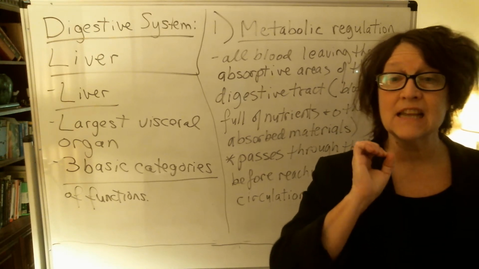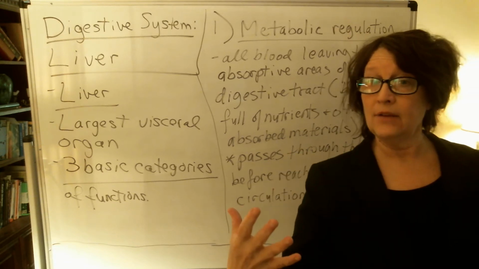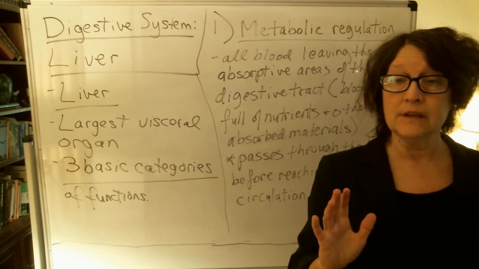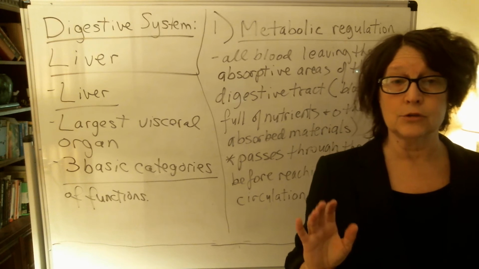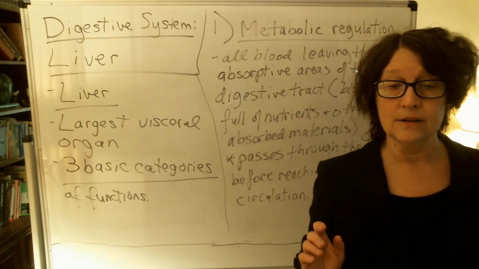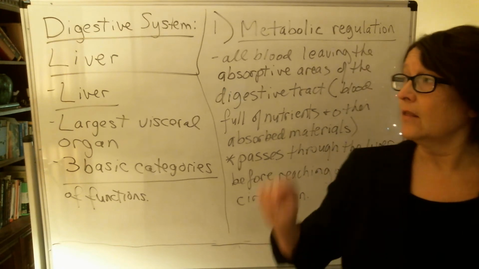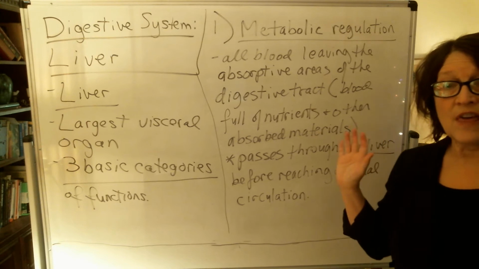But the thing is, that blood is now incredibly unbalanced. It may have a lot of sugar. It may have a lot of a certain vitamin. There may be various things where it would not be good for most of your cells to receive blood in that condition.